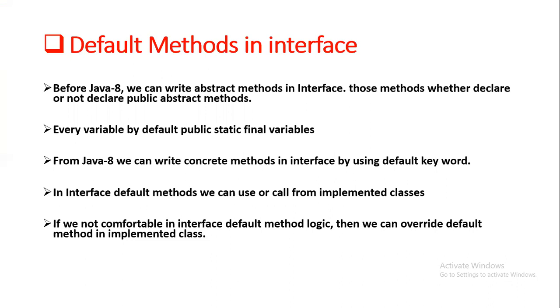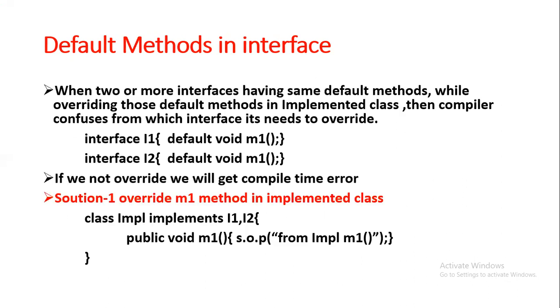Which default method does it have to take? Here the compiler gets confused. When two or more interfaces have the same default methods, the compiler is confused about which interface's method it needs to override.